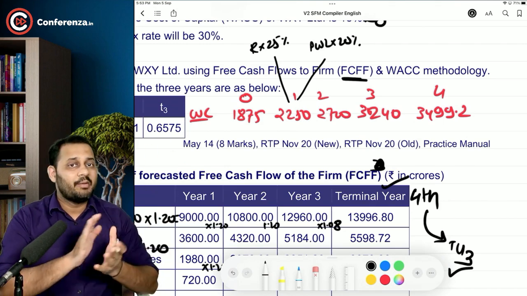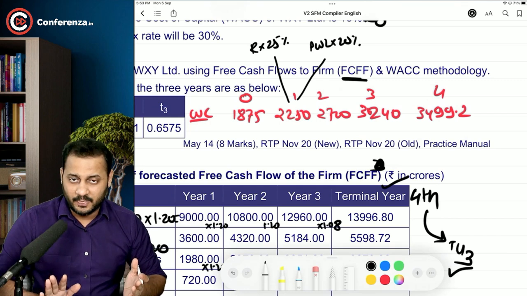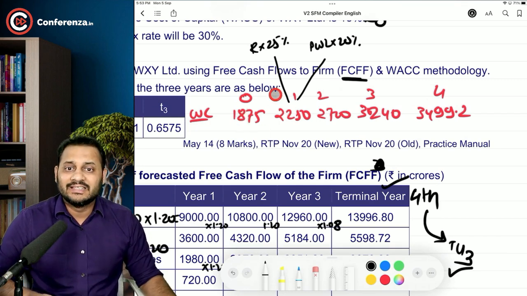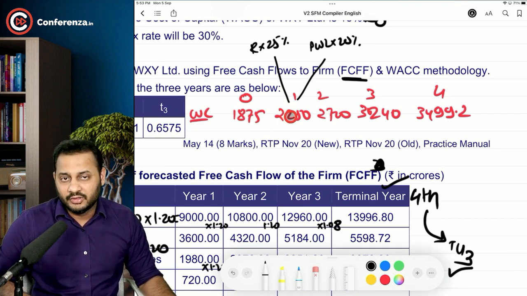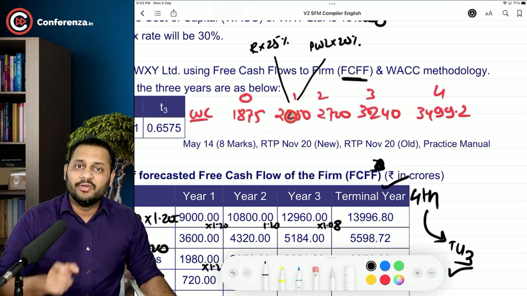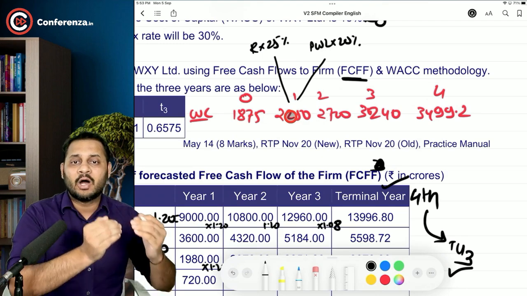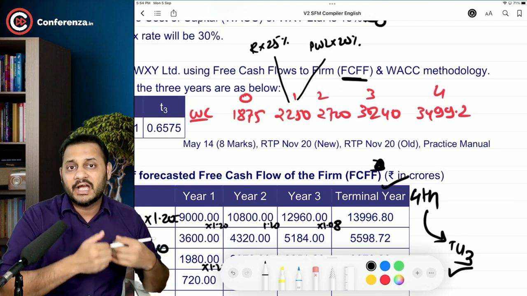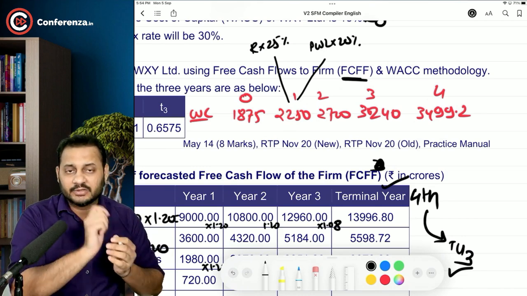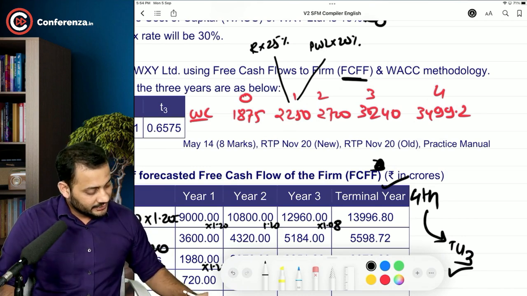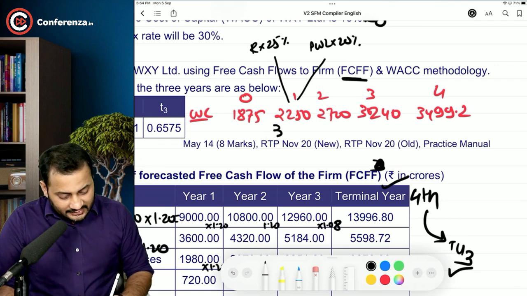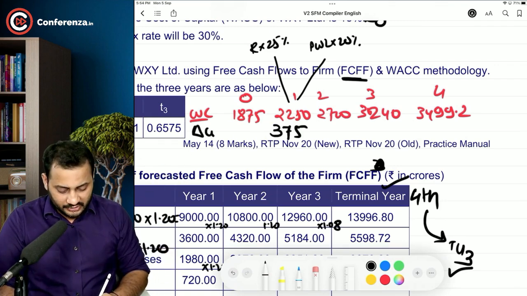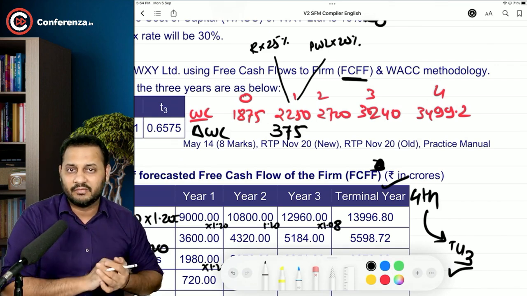Now working capital is not an expense. Working capital is a balance. So 1875 is included in 2250. What we have to do in the first year is deposit only the balance amount, or we can say make a cash outflow of it. So the difference between these two, 2250 minus 1875, is the increase in working capital. That is your cash outflow. This is the change in working capital, 375.